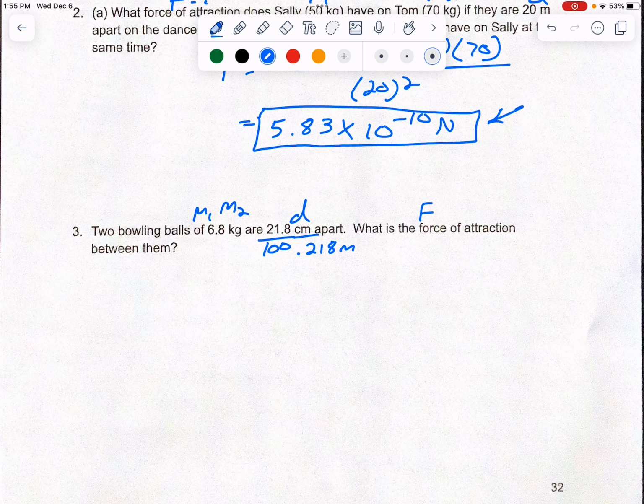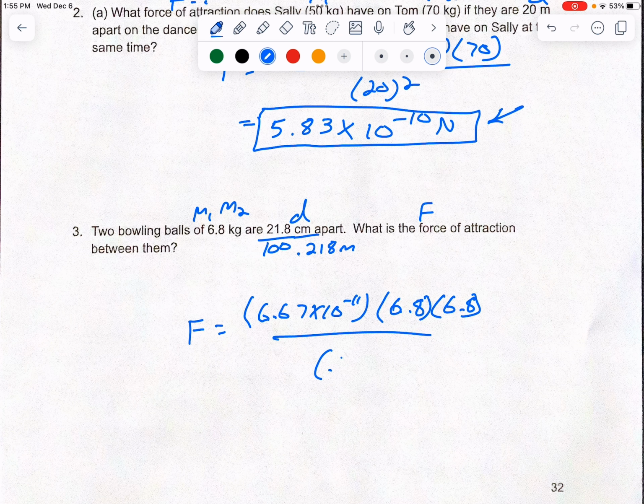So you're looking for F. F equals our big G, 6.67 times 10 to the negative 11, times mass 1, 6.8, times 6.8 again, all over our distance squared, so 0.218 squared. And you're going to get a force of 6.49 times 10 to the negative 8 newtons.